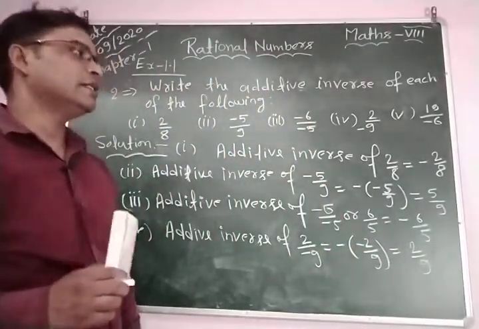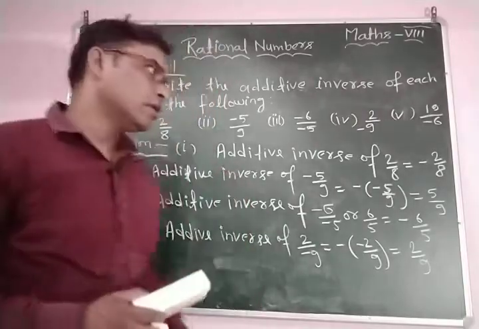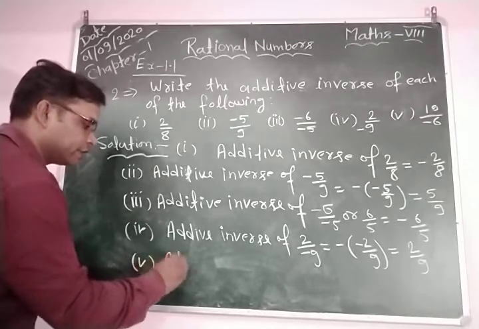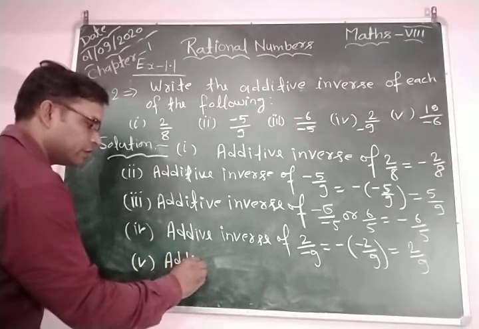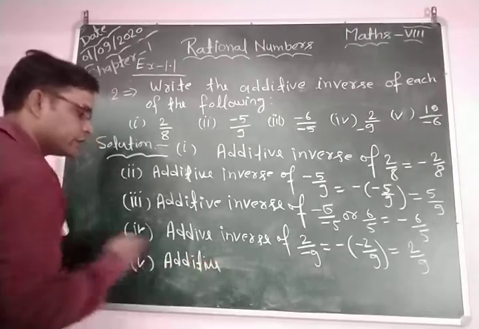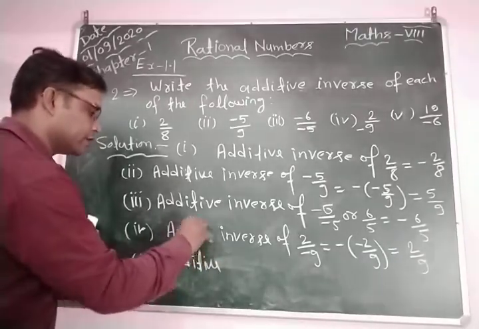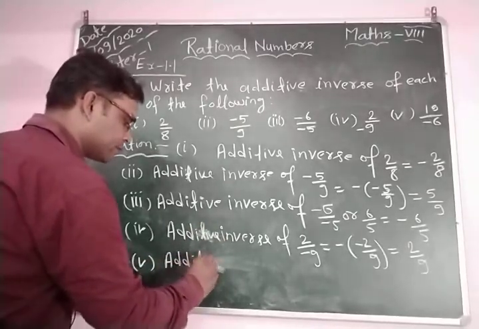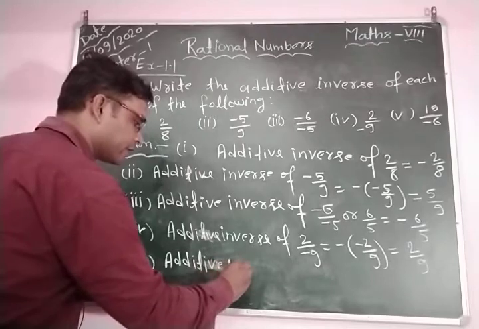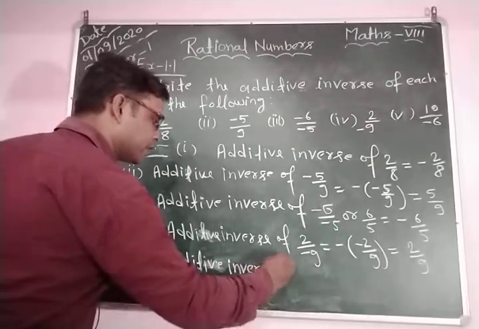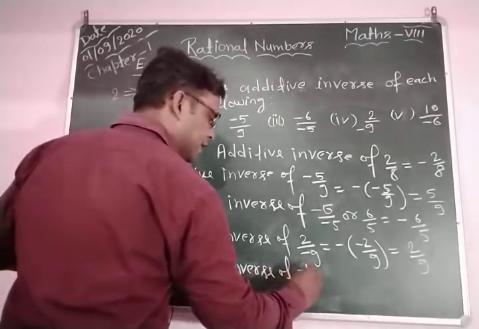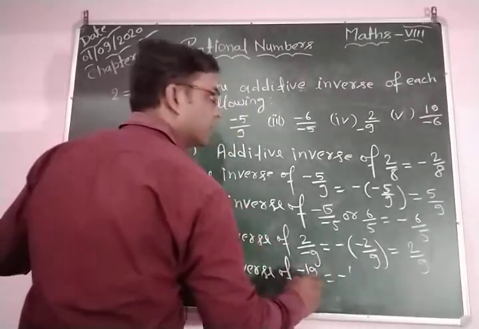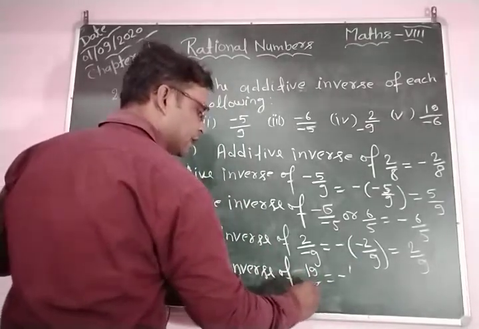Okay. And the last is minus 19 by 6. So this is the fifth part. We write here the additive inverse of minus 19 by 6.